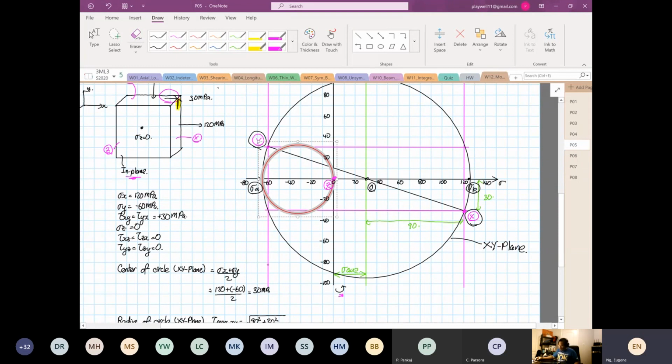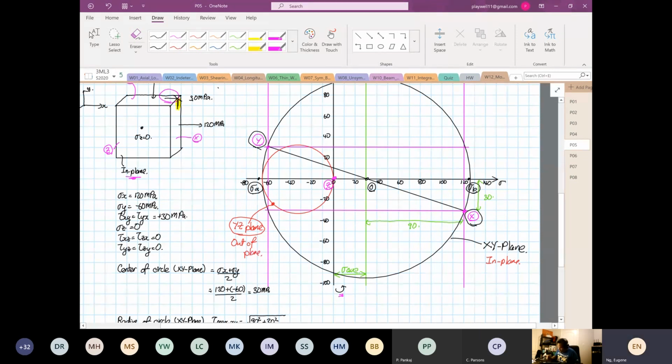Now, can anyone tell me what plane this belongs to? I'll tell you. It's going to be a YZ plane. This one is your in plane, and this one is your out of plane.